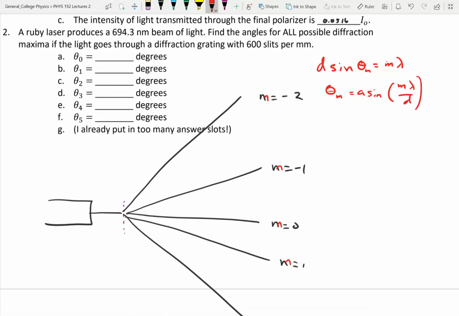So I just put in my numbers. Theta sub 0 is equal to arc sine of 0 times 694.3 nanometers over my spacing, which is 1 millimeter divided by 600. And of course, arc sine of 0 times anything is going to be 0. So this angle theta 0 was 0 degrees.